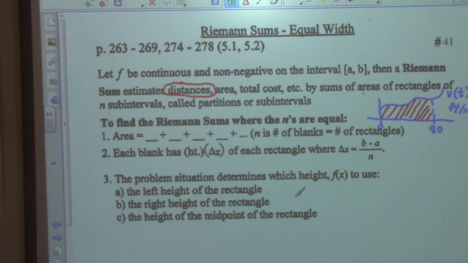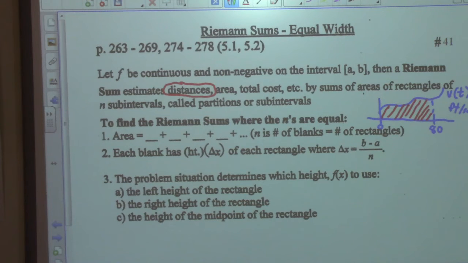So what you do is you use the Riemann sum to estimate, and you're going to get rectangles, and the area of these rectangles is used to subdivide this total area.